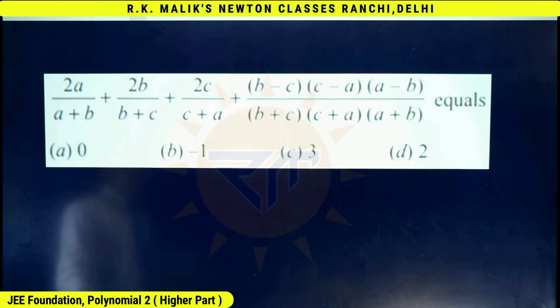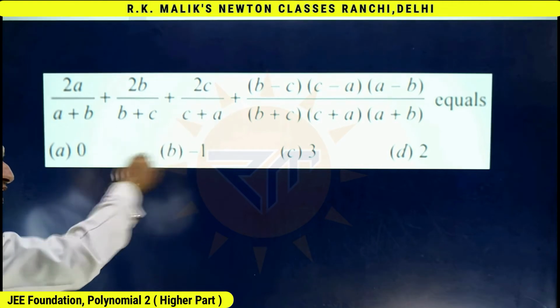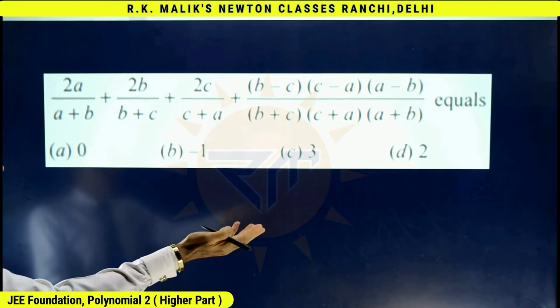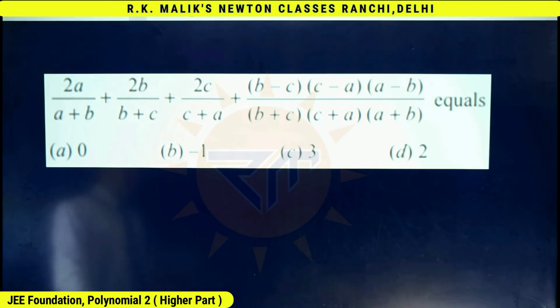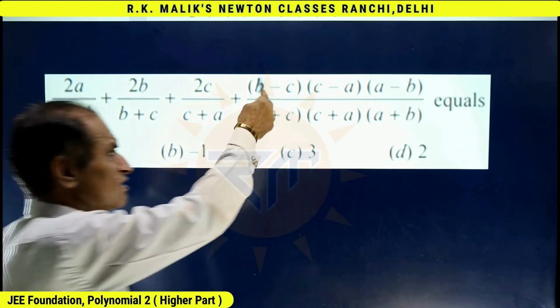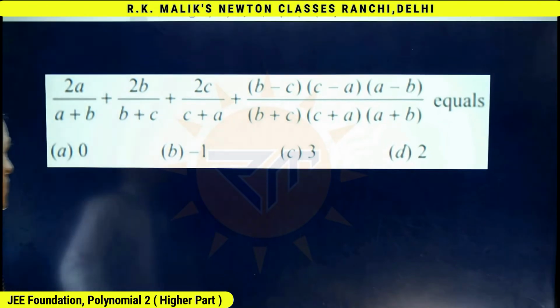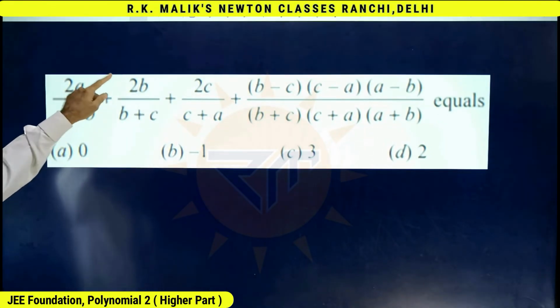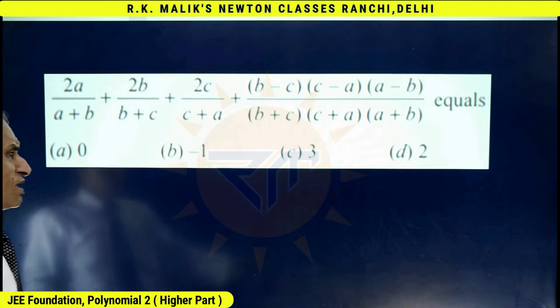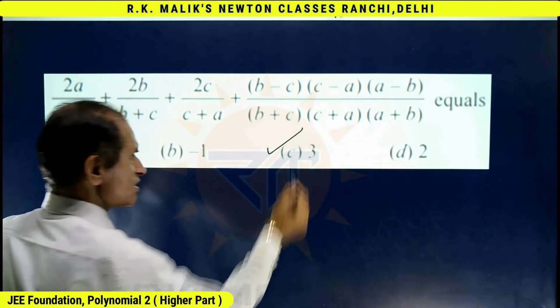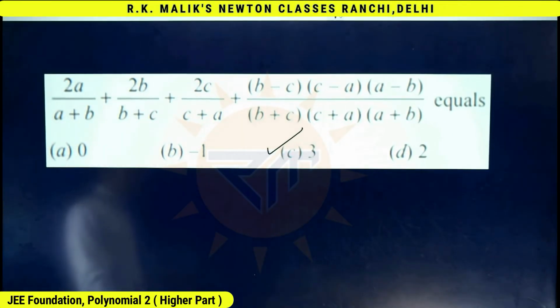But we can get the correct choice in this way also, because this is equal to one of them. For every value of ABC, I take the value of ABC as 1. Obviously this will become 0, this will become 2 by 2 plus 2 by 2 plus 2 by 2, that is the answer will be 3. Hence I can say C is the correct choice.